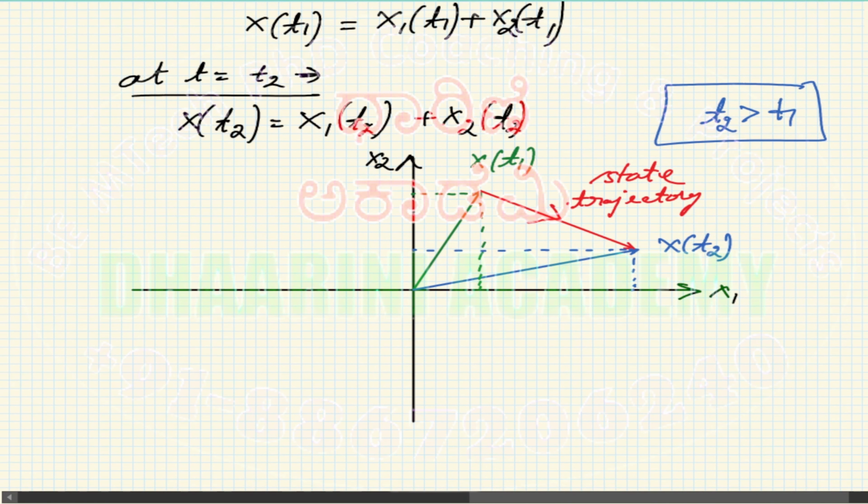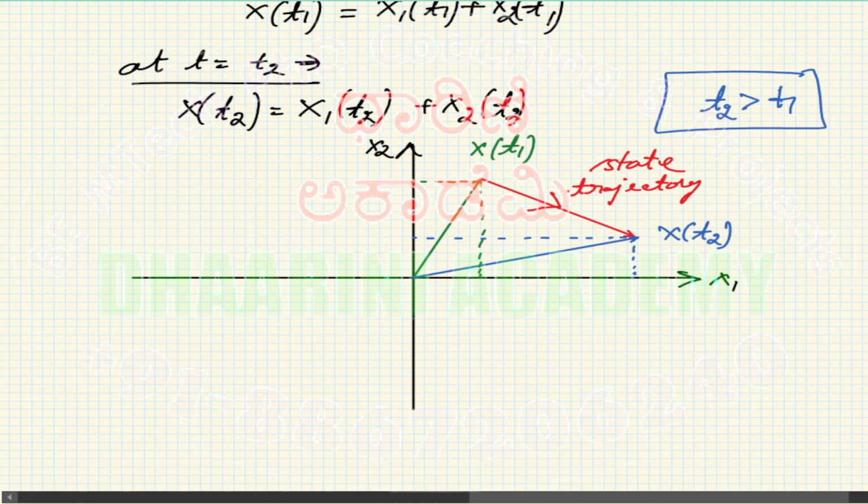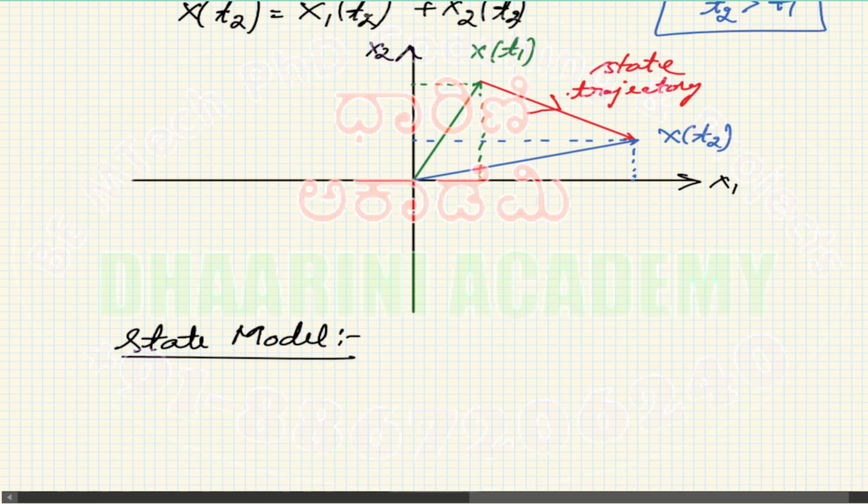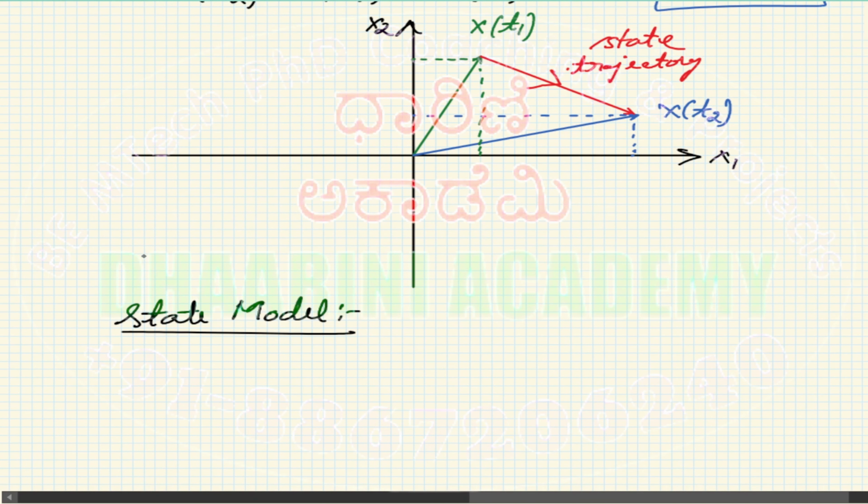Okay, now let's go for the state model. This is also equally important. The next topic is called the state model. So we make some assumptions now.